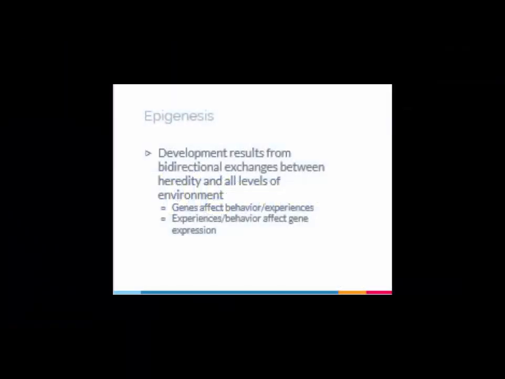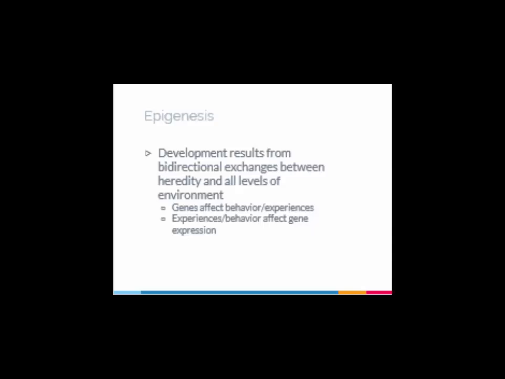One way that we can think about these relationships between genes and environment is by using this concept of epigenesis. Researchers argue that heredity does not dictate children's experiences or development in a rigid way. Accumulating evidence reveals that the relationship between heredity and the environment is really bidirectional.